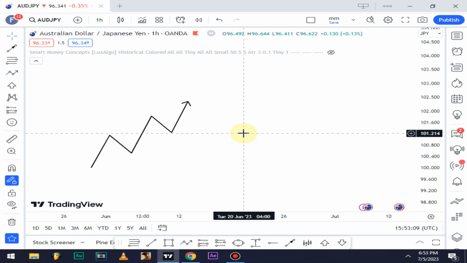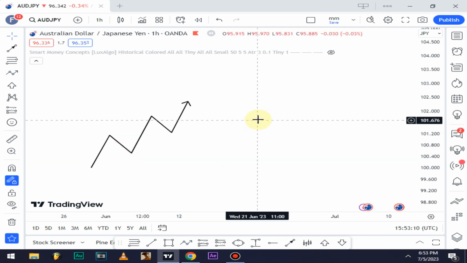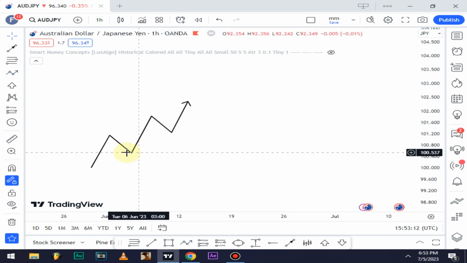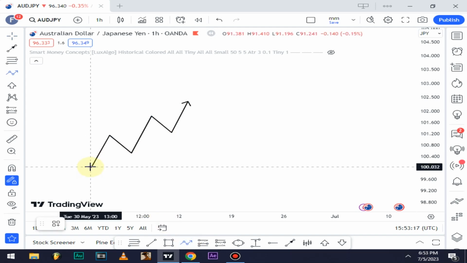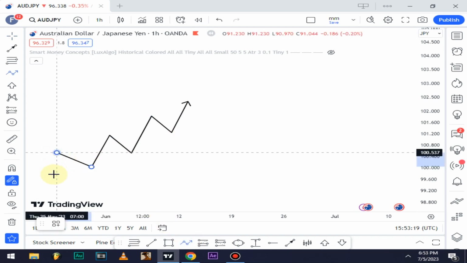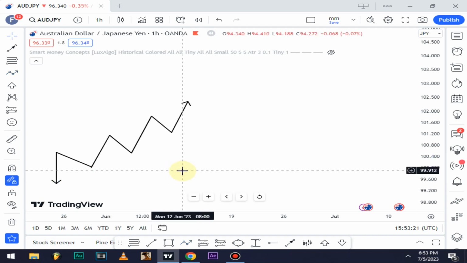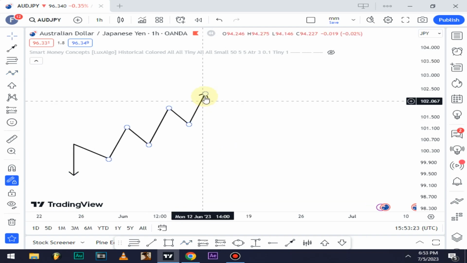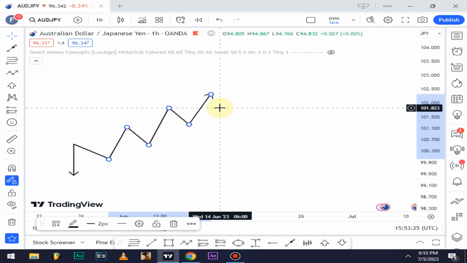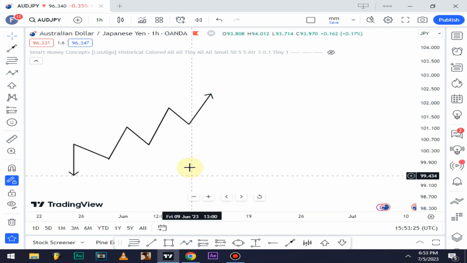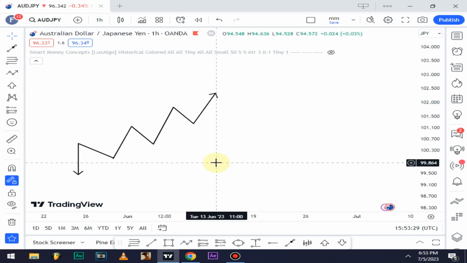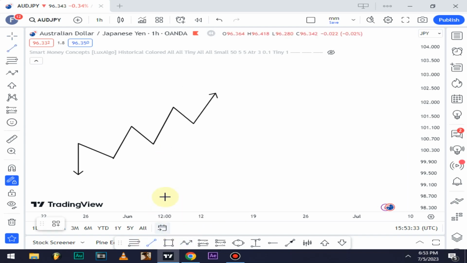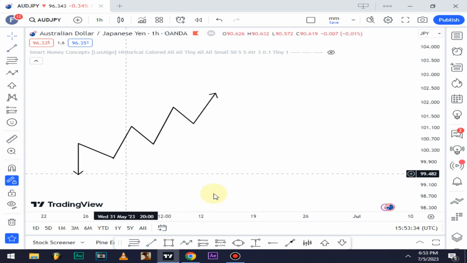Let's say that is where the market currently is. Now we have so many lows and so many highs. What you need to do is choose the last two V's. Make sure your trend line starts from the last two V's. You can just identify them.